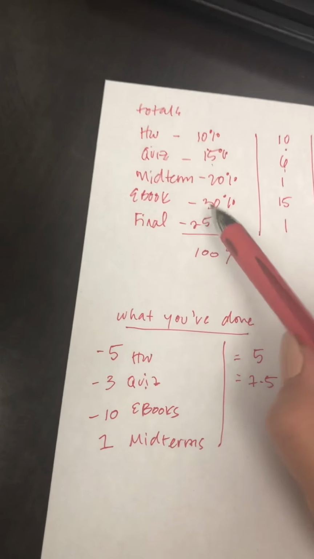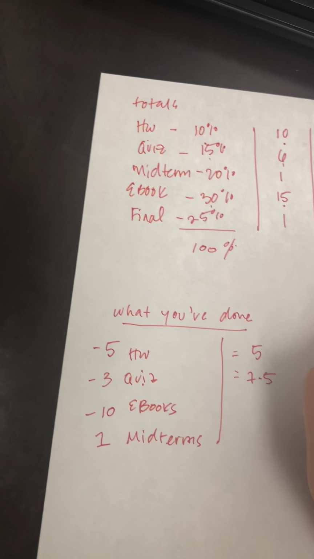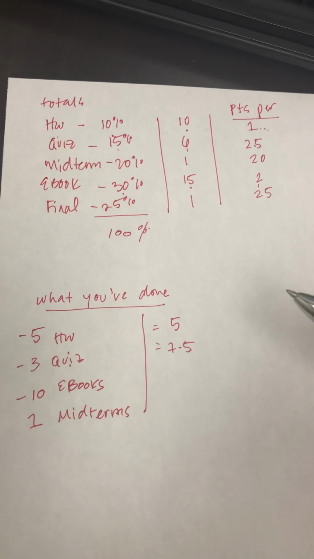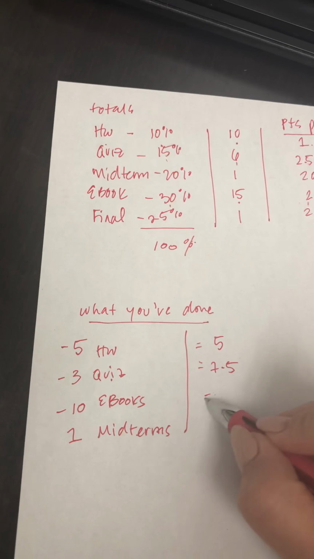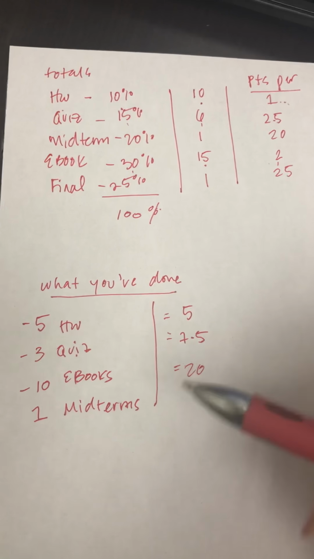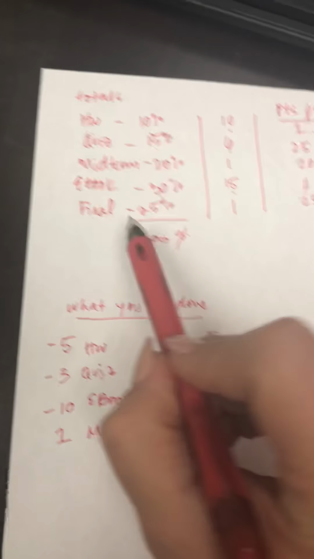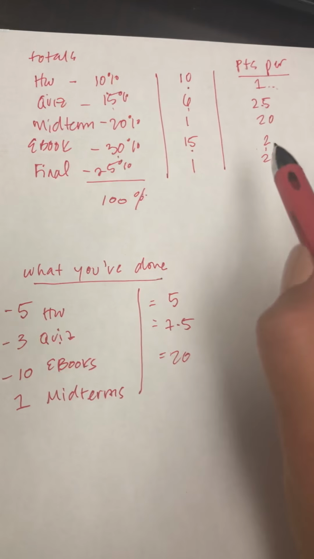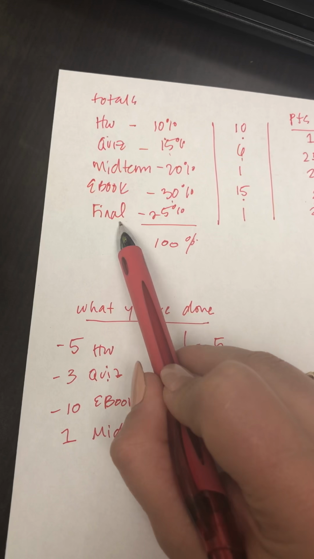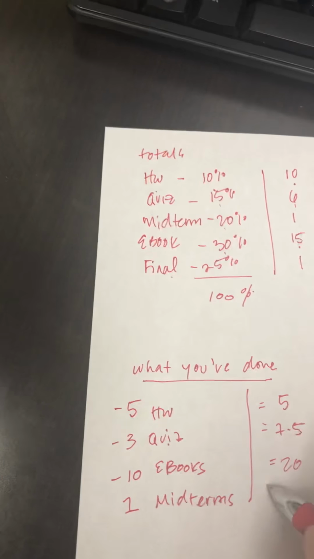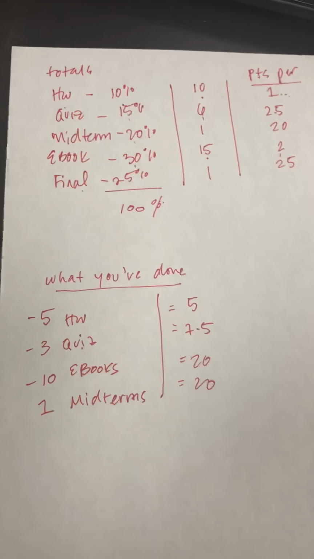If I've done 10 ebooks, ebooks are 2 points apiece, because we've got 15 of them, so that means we've got 20 points for ebooks total. And then your midterm, 20%. Sorry, guys. And that's going to be 20 points, right? Okay, so now we know.